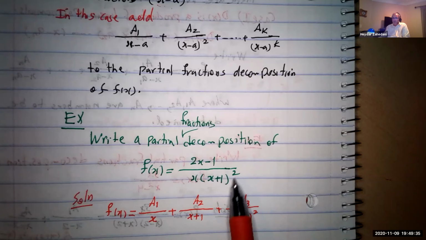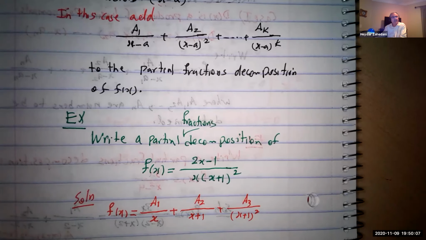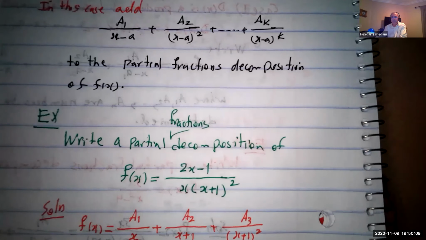If it was 3, you have to do it 3 times. It takes time, so we usually give you 2. Just make sure you don't miss it. The usual one is x. For x plus 1 you write one, but since it's squared, you have to go up to the square. Now to the right, you continue. You find the common denominator and put them together nicely.